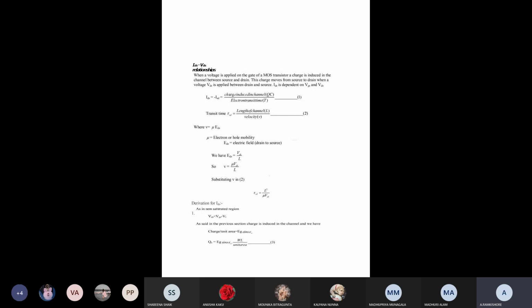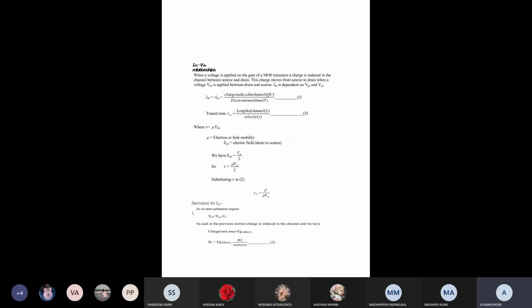Here we may write that velocity V is equal to mu into E_DS, from drain to source. Mu is the electron or hole mobility in MOS devices, and E_DS is the electric field created from drain to source terminals.